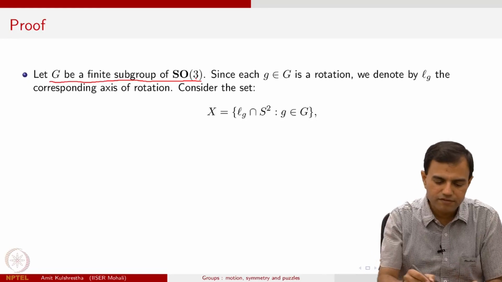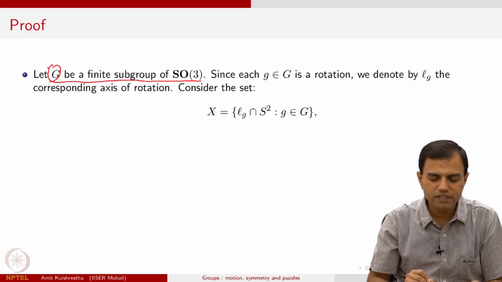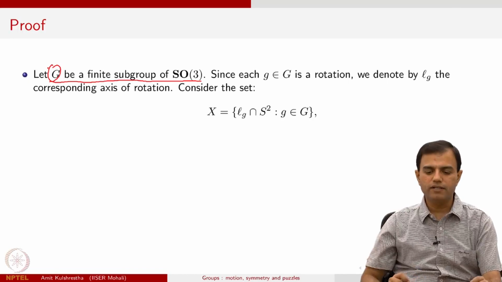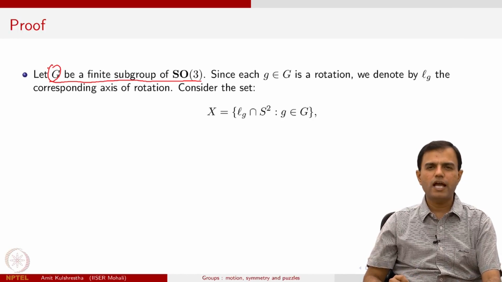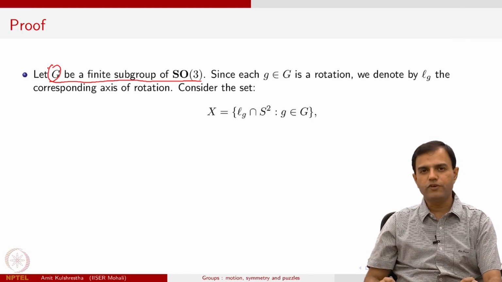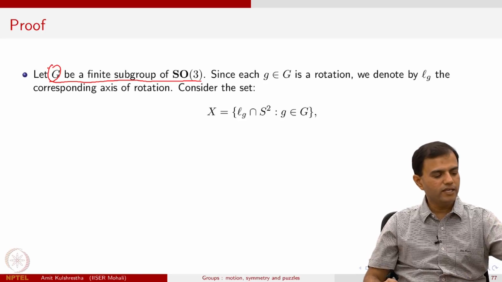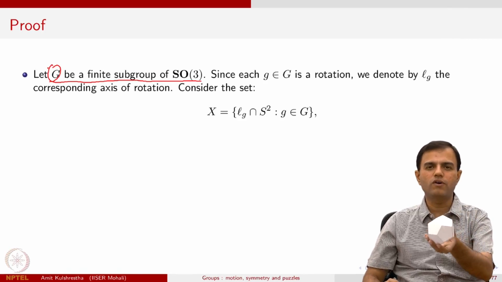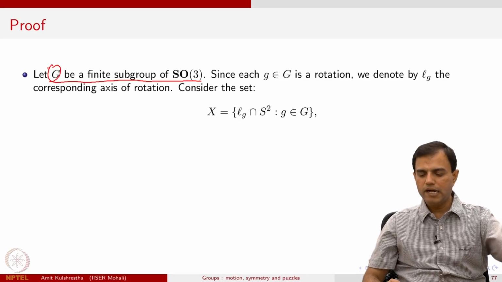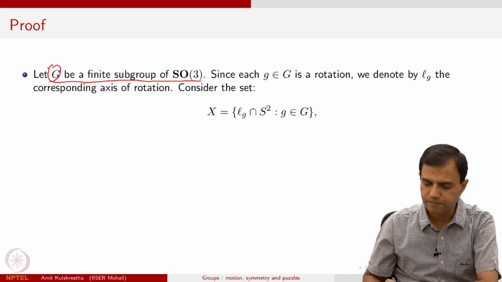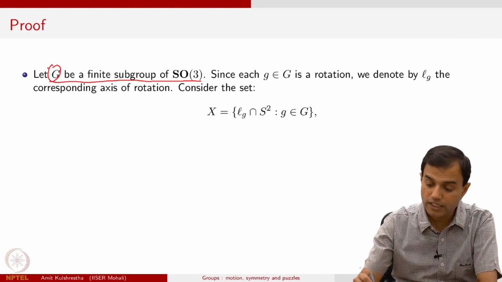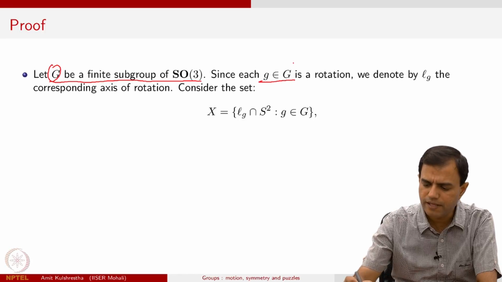What I have been given is just an arbitrary finite subgroup of SO3 which a priori has no geometry. So I can't really express the poles in terms of what I did, but I will do it in some other terms. One thing is very clear, each element of G is a rotation, it's an element of SO3.